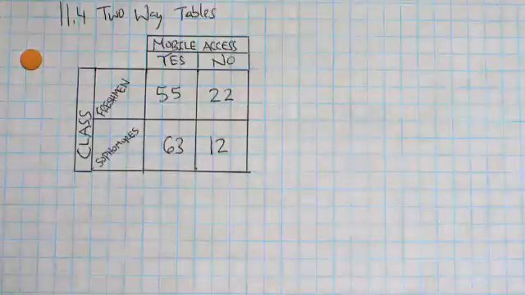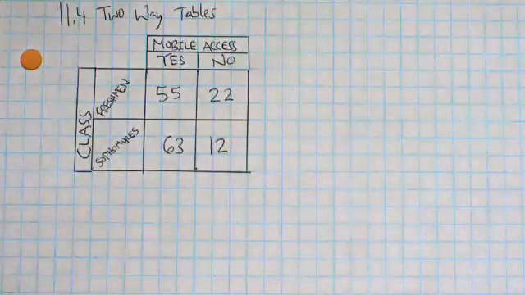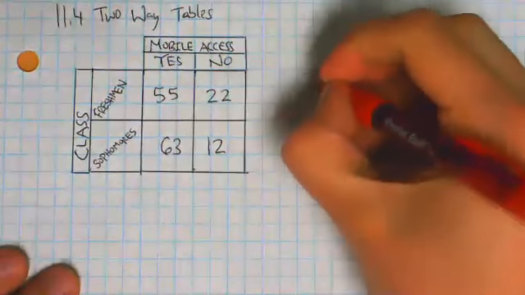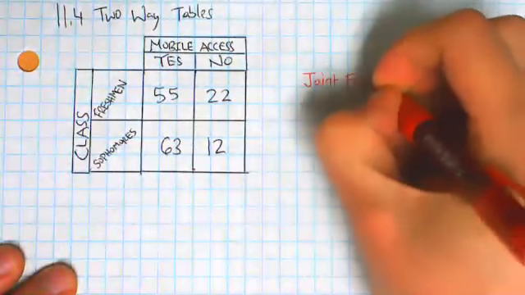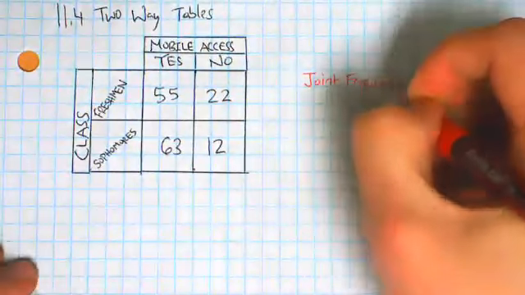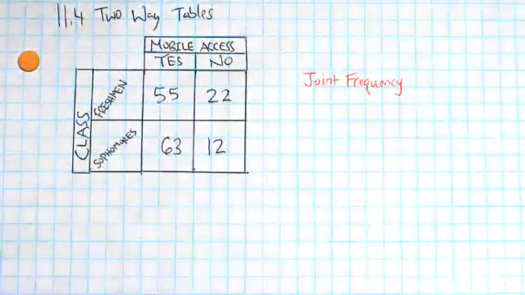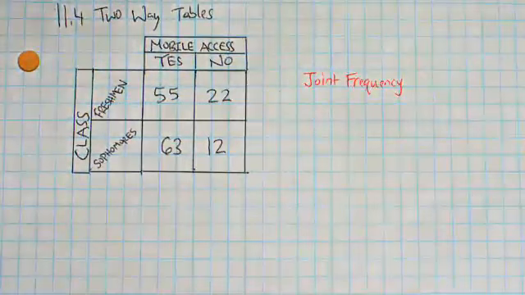So the first thing we're going to look at with our two-way tables is something called a joint frequency. And the joint frequency can essentially be thought of as the intersection of two of our criteria.